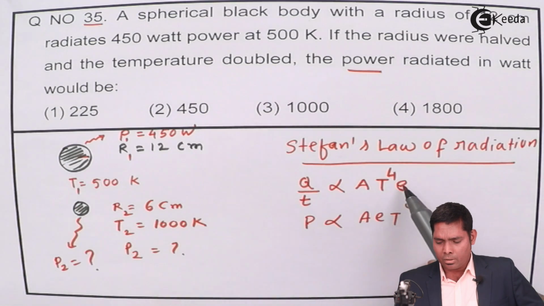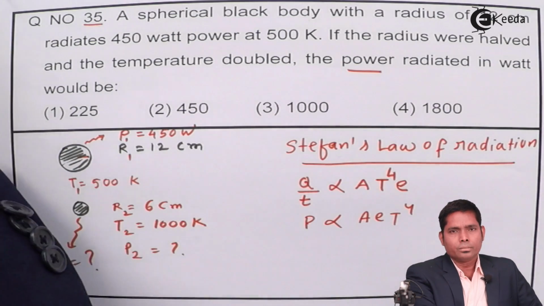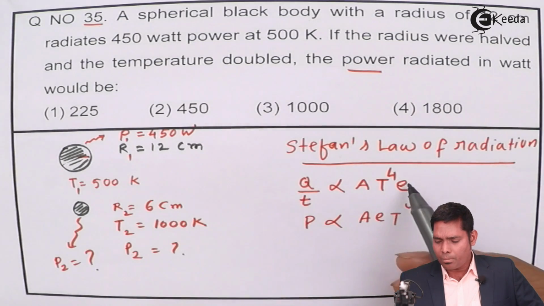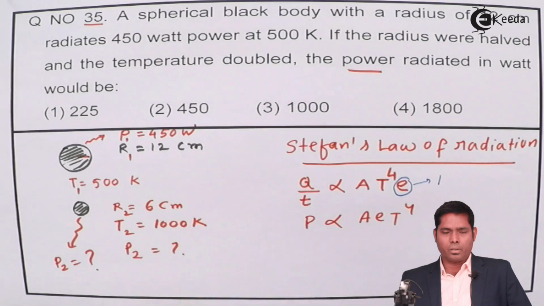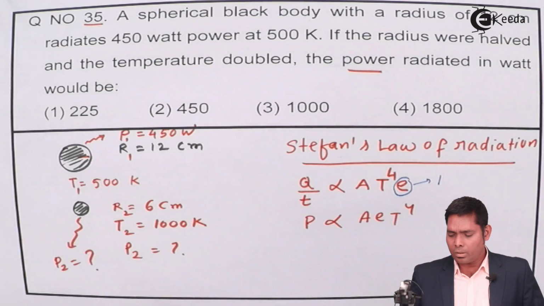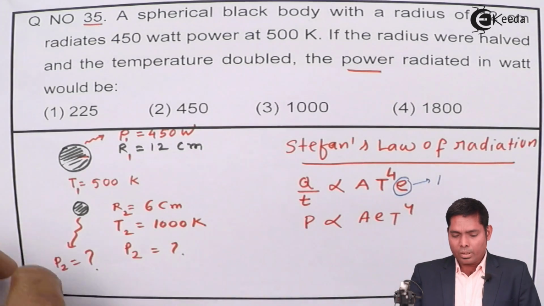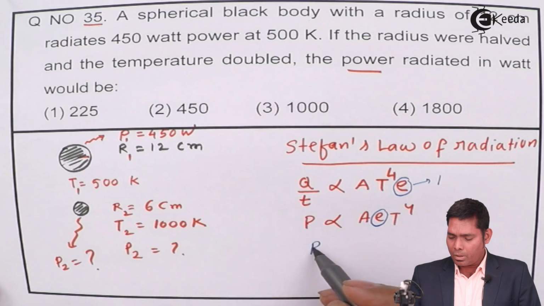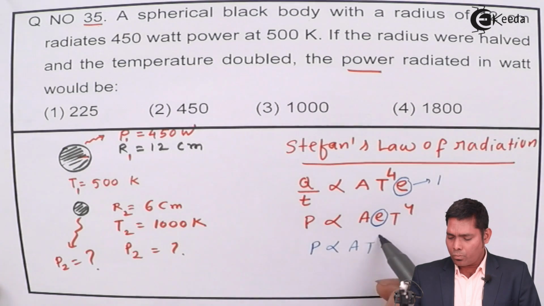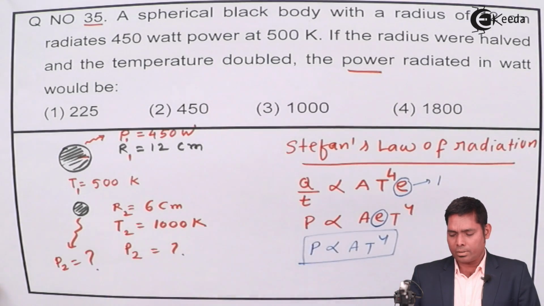So this E factor is not going to change, and E for the black body is found to be 1. So this will also become 1. So if this is 1, then the power is proportional to AT⁴. This relation can be used to find the answer.